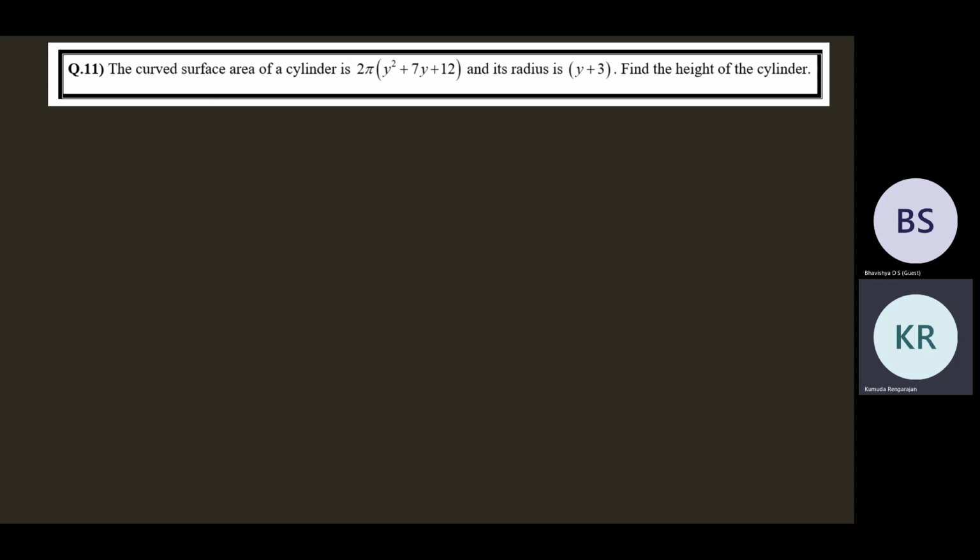So, Bhavishya, what's the formula to find the volume of a cylinder? Ma'am, 2 pi r h for CSA, ma'am. My question is, what is the formula to find the volume of a cylinder? Ma'am, 2 pi.